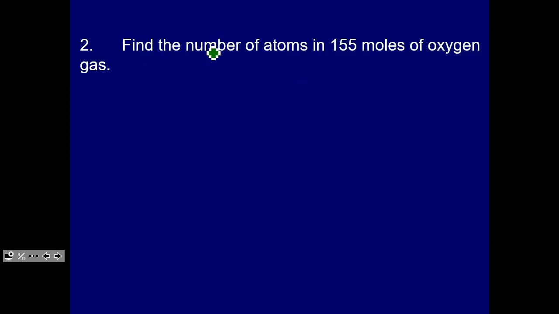Find the number of atoms in 155 moles of oxygen gas. Okay. So again, atoms. Atoms are entities. Entities, moles, Avogadro's number. Again, I want the entity.